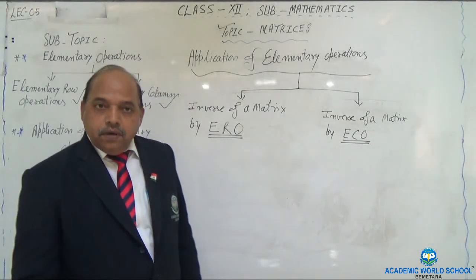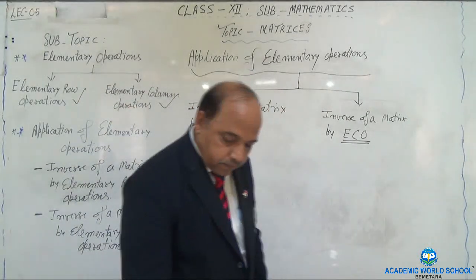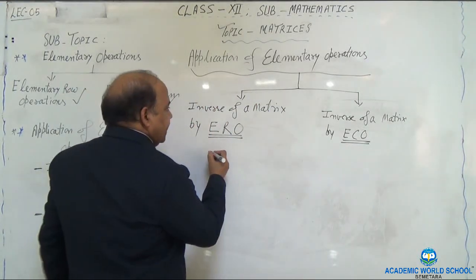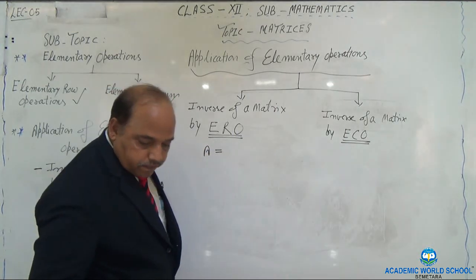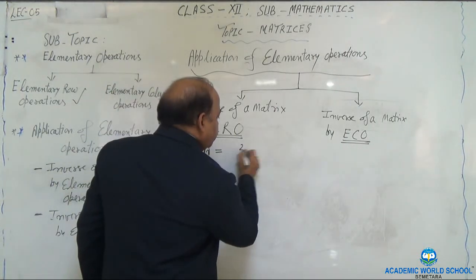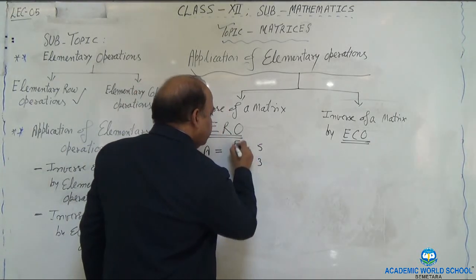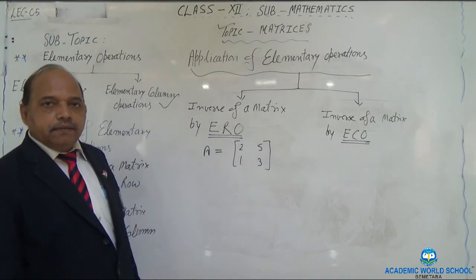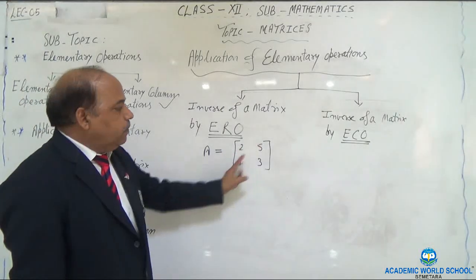So, we are taking one example. Let's say the matrix which is given, we are taking one matrix A as 2, 5, 1, 3. We are starting with a simpler one, a 2 by 2 matrix, 2, 5, 1, 3.